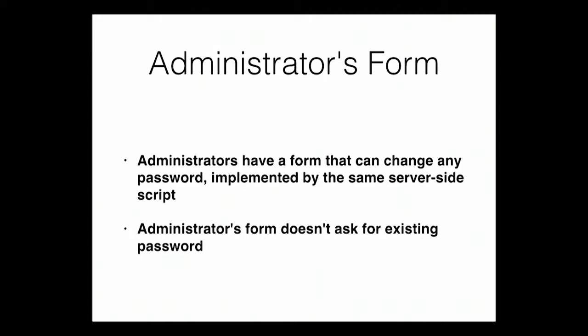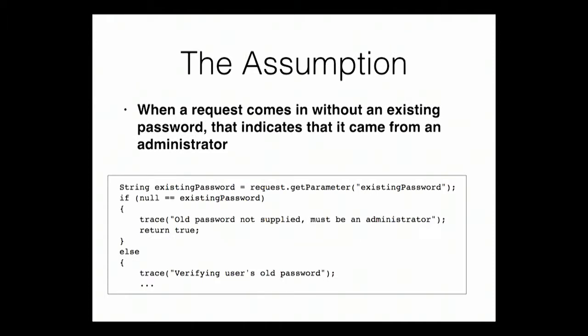And instead of having the administrator put in something like the administrator password, or the administrator's authentication token, they just made it so it notices if the request comes in with no old password, that must be the administrator. So all you have to do is go in Burp and remove the old password from your request, and it will let you change anybody's password because it thinks you're the administrator.